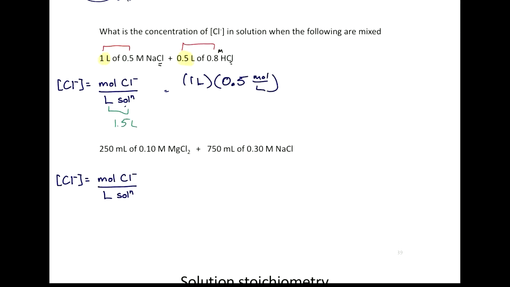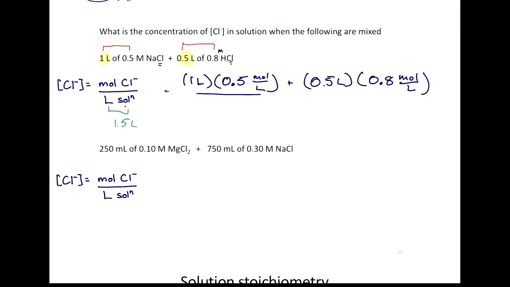So you see how that cancels out and gives you a mole amount of chloride. But we have to also take into account the other solution that we're mixing here. So we have half a liter of that HCl solution, so times 0.8 moles per liter. And so you can see those liter units cancel out, so we get moles.